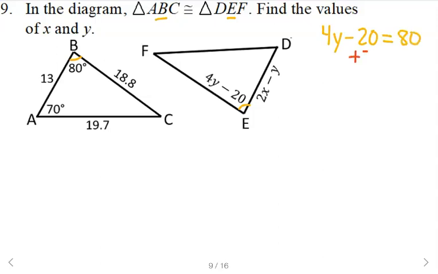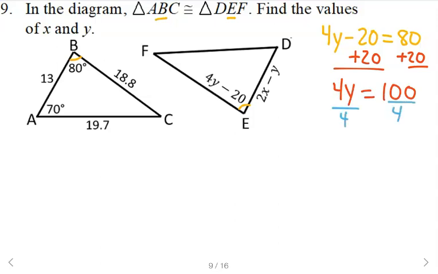We can solve that equation, add 20 to each side, and then divide by 4. So y is 25. Now that we know what y is, we can figure out x. So DE, first and second position, matches up with AB.